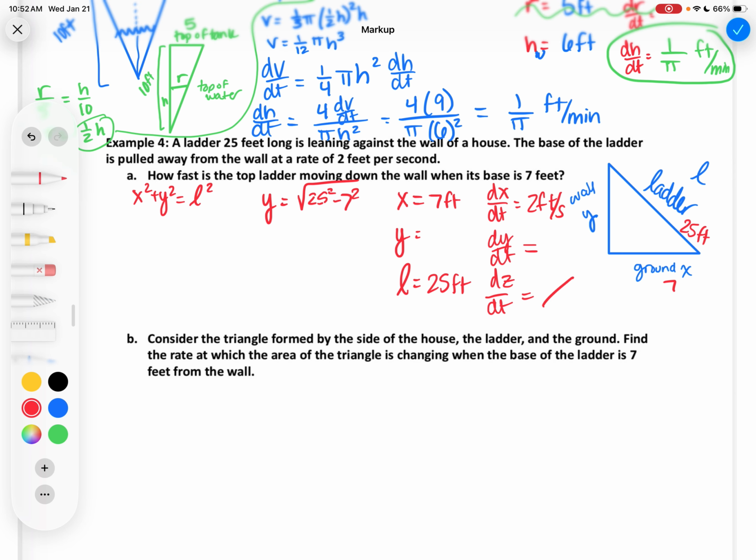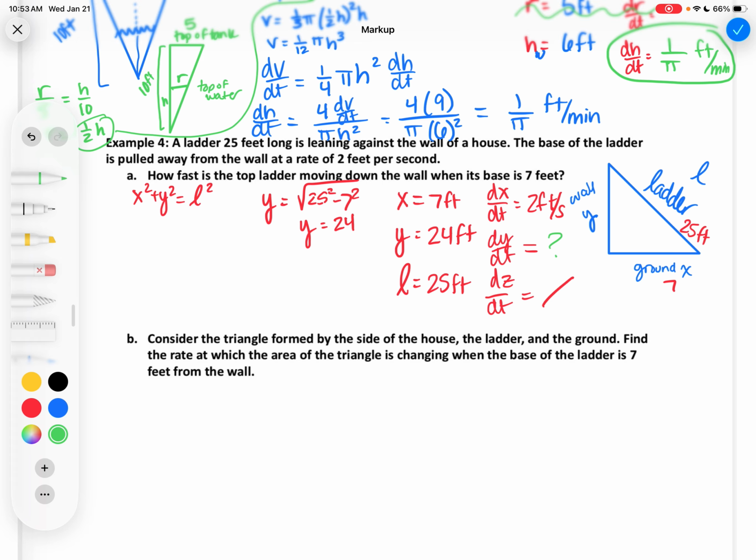That's 24. It's a Pythagorean triple. So then y is 24 feet. So now I'm trying to find dy/dt.